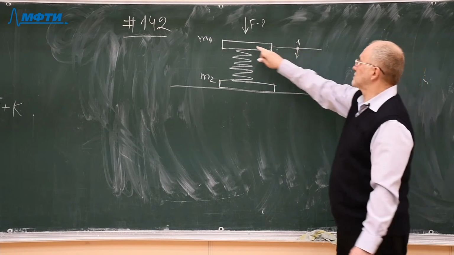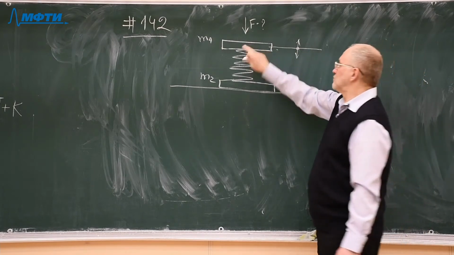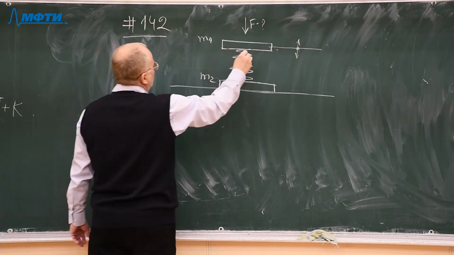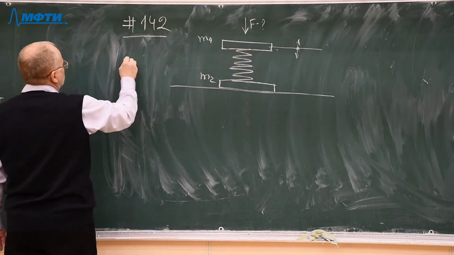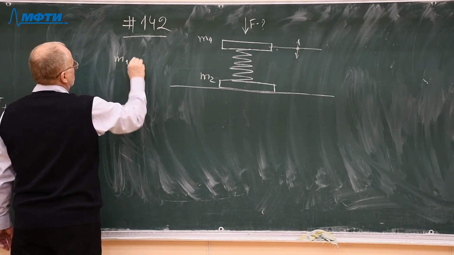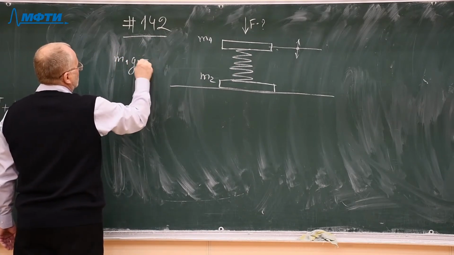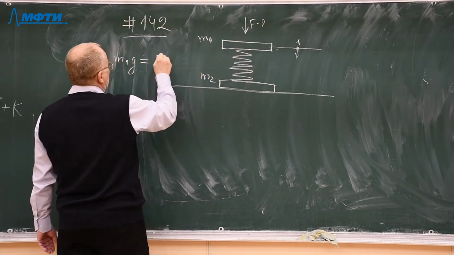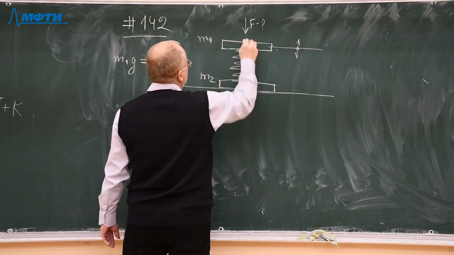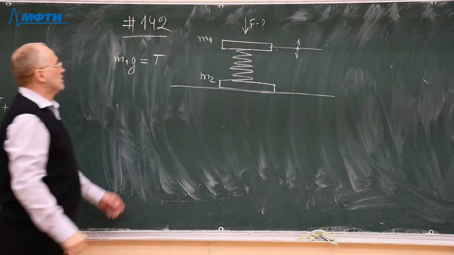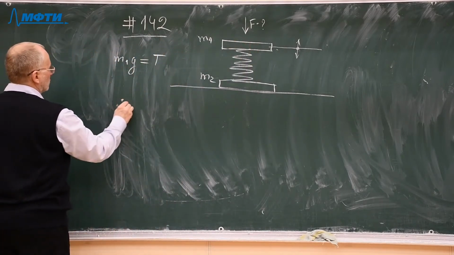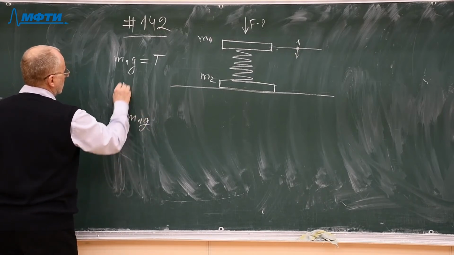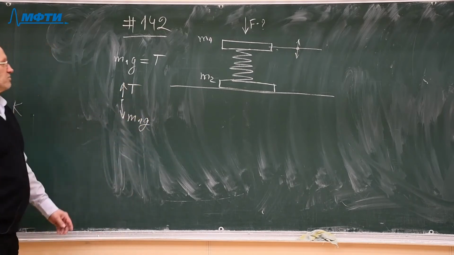At first, the upper plate was in equilibrium. The weight of the upper plate, M1G, was balanced by the force acting from the spring, that would be T. The weight is directed downward and the force from the spring is directed upward.